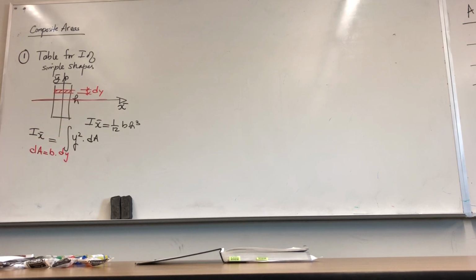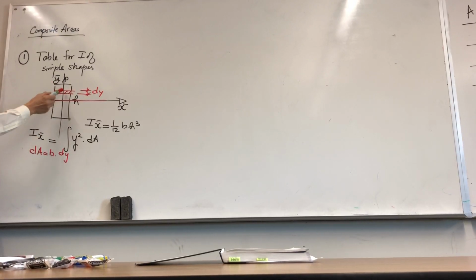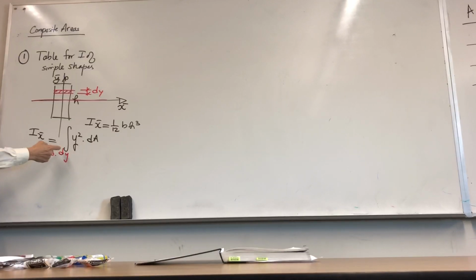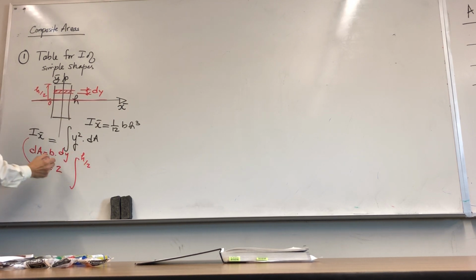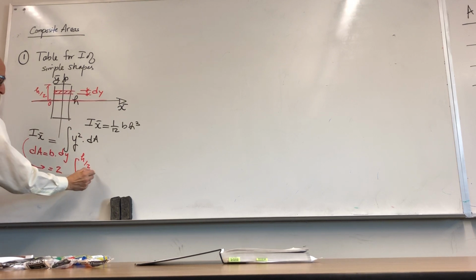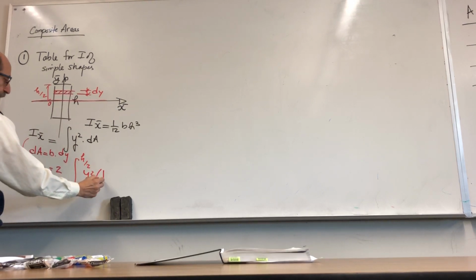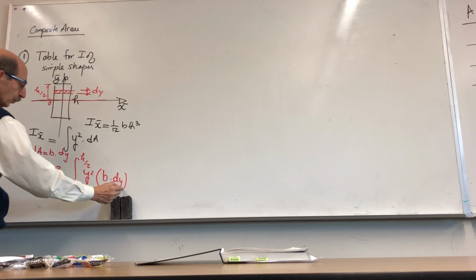So if you want to perform this integration, this y varies from here to here. But since this area is symmetric with respect to this axis, I consider half of this area and multiply that by 2. So this would be simply 2 times the integral from 0 to h over 2 of y squared times dA, which is b times dy.